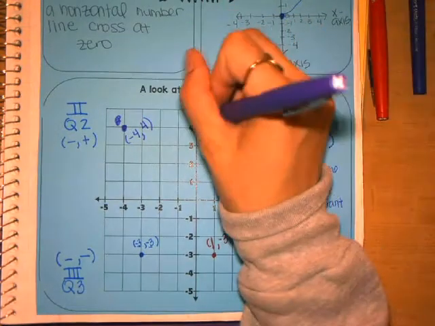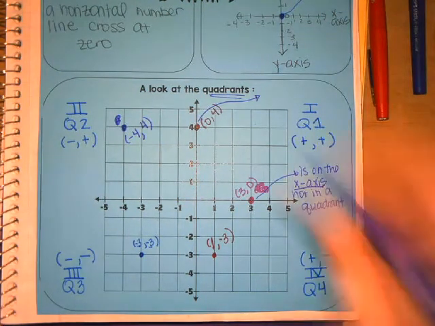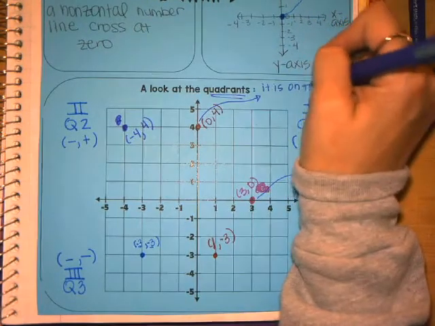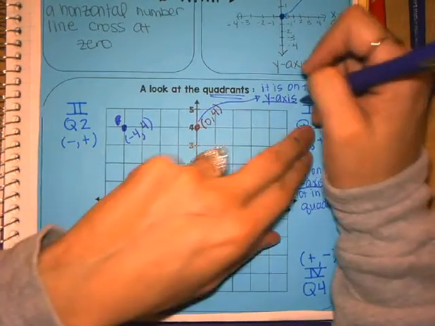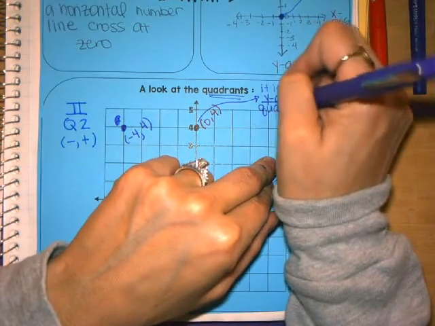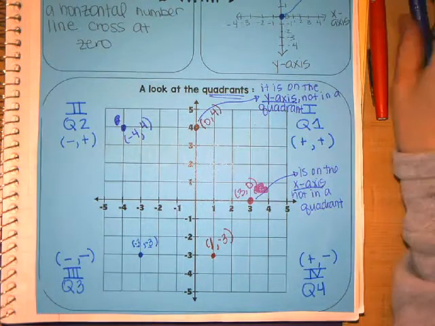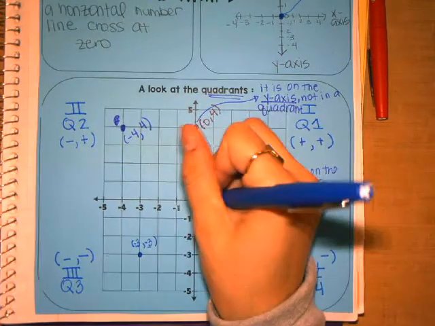So what about this point right here? What would you tell me there, Cooper? You would tell me it is on the y-axis, because once again, it is not in a quadrant. Okay, what about this point right here?